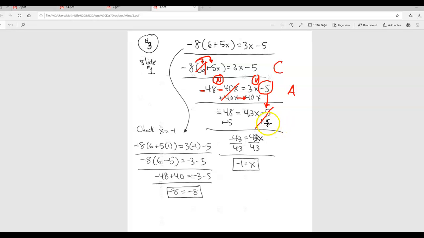Gives me 0, or 5 minus 5, nothing. What I do on one side, I do on the other. So I took those 5 positives over here. So 48 negatives and then 5 positives leaves me with 43 negatives. Okay. All right. So now I have -43 equals positive 43 x.